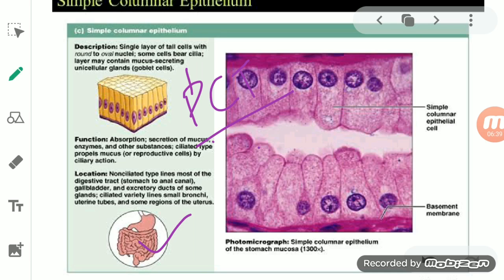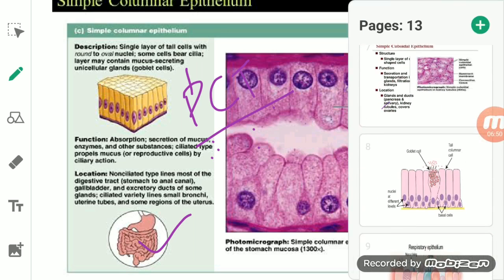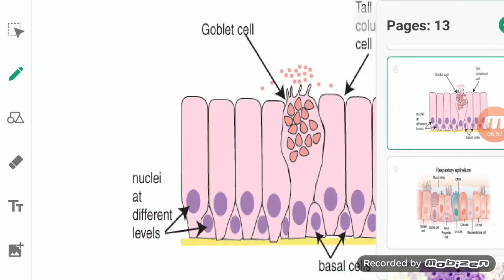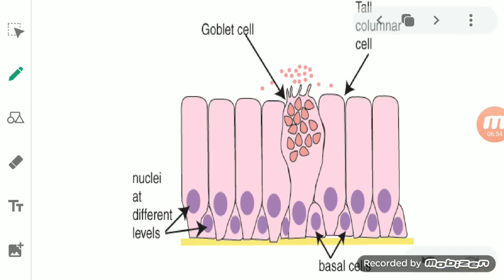So it is present in the lining of the proximal convoluted tubule of the nephron. And in both places, the function is similar, that it helps in the absorption of substances. Okay.